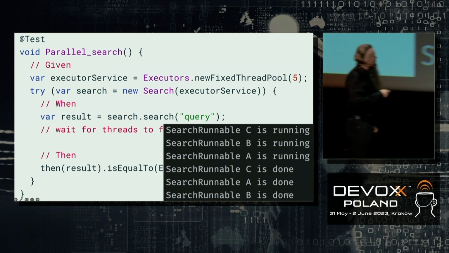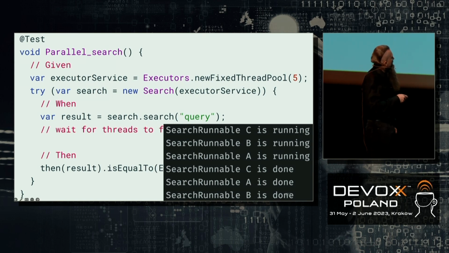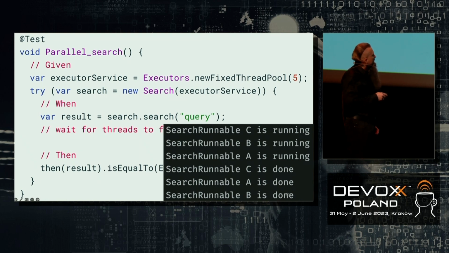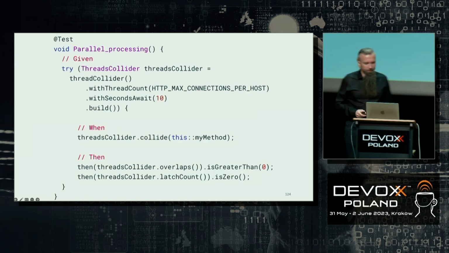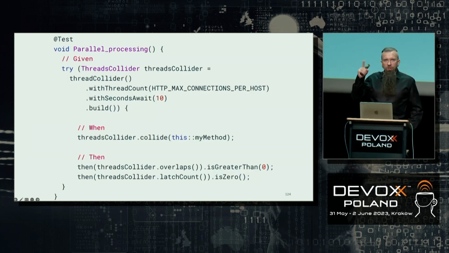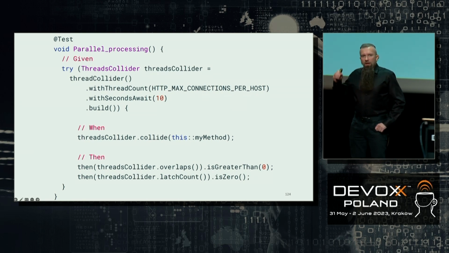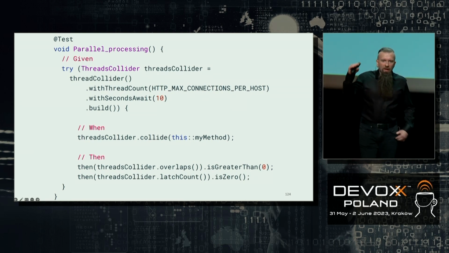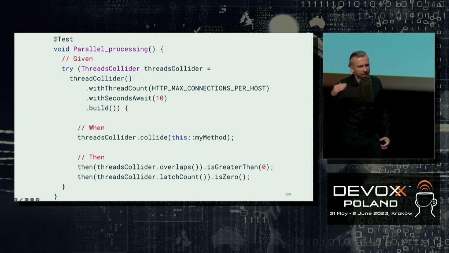As we can see, we run the real-life executor service, and the output is a bit scrambled: we have the runnable for C, B, A, and C, A, B is done, so we are not controlling it as we were previously. One additional thing when it comes to multi-threading and concurrency testing: build some kind of abstraction on top of your concurrency and multi-threading in the test.